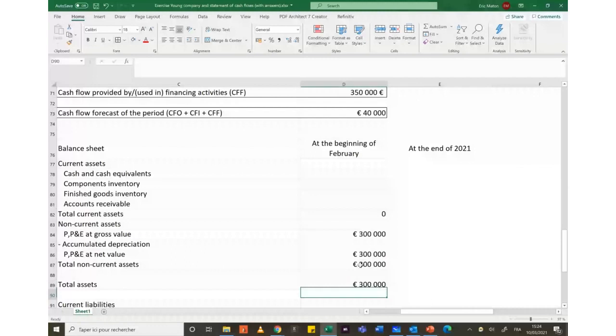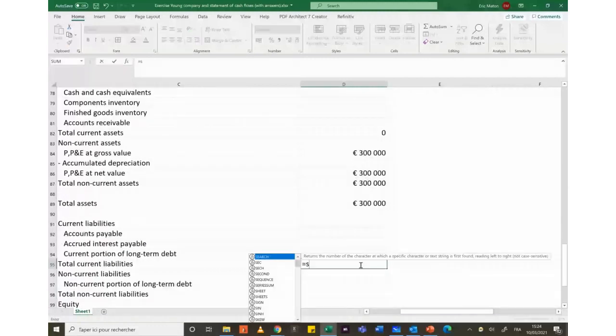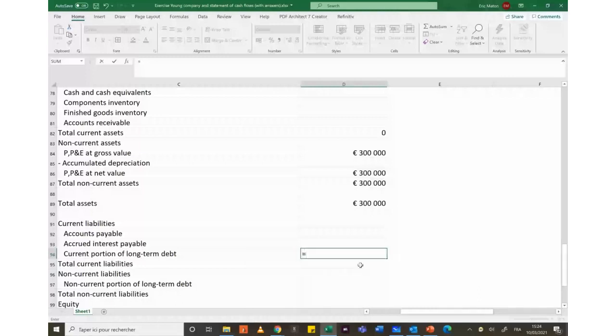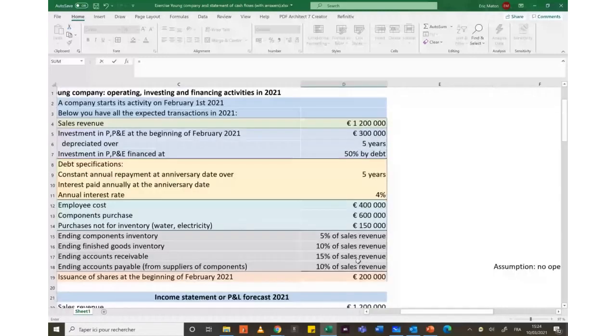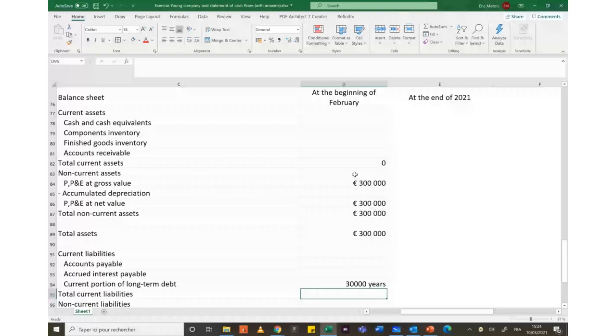We don't have current, yes, we have current liabilities, sorry. We have the current portion of long-term debt. You borrow 50% of 300,000, and you will pay over 5 years. We suppose we have constant linear repayment, so we divide by 5. Change the format.